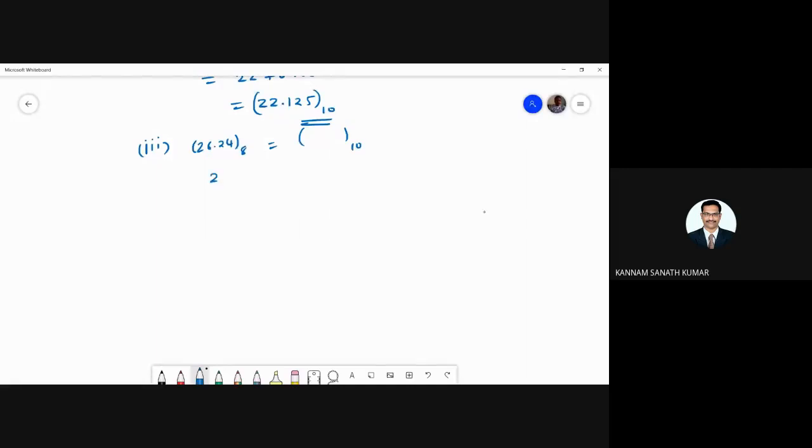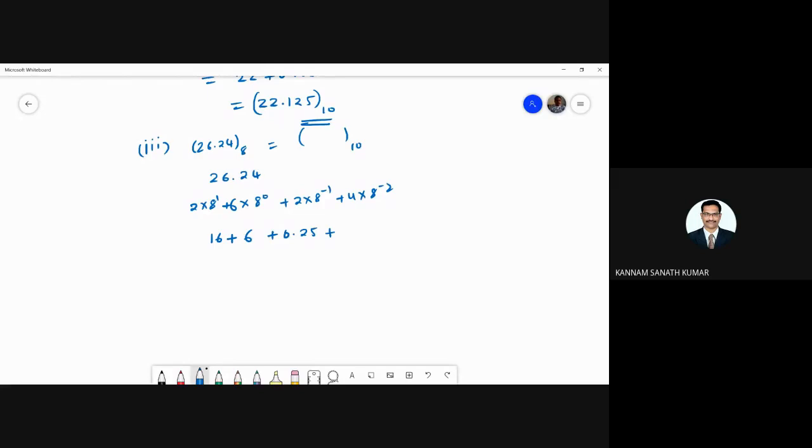So 6 into 8 power 0 plus 2 into 8 power 1 plus 2 into 8 power minus 1 plus 4 into 8 power minus 2. 8 twos are 16, plus 6 into 8 power 0 is 6, plus 8 power minus 1 is 1 by 8, which is 0.125, into 2 is 0.25.